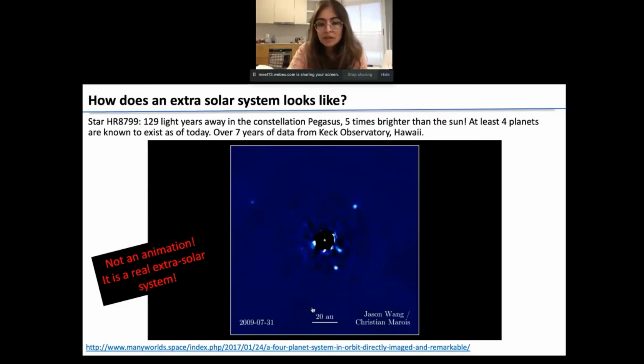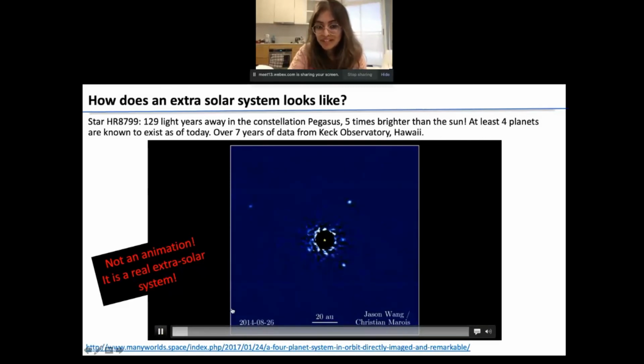Okay, so this is not an animation, it's a real system. This is data taken, I think, over 8 years at the Keck telescope, and what you see is four planets moving around the star. We need more observations, decades of observation, in order to see a full orbit.